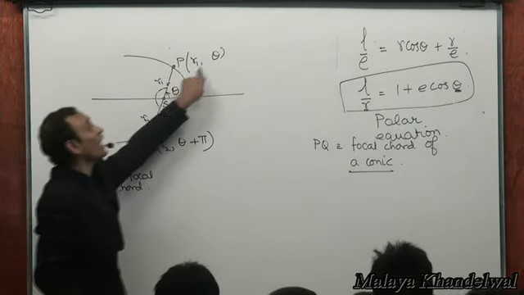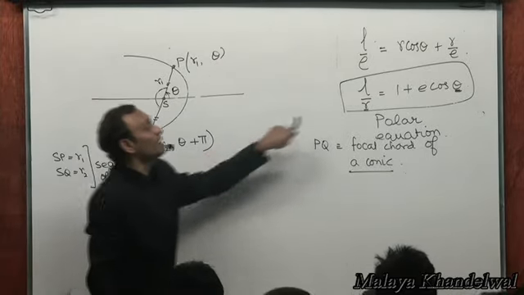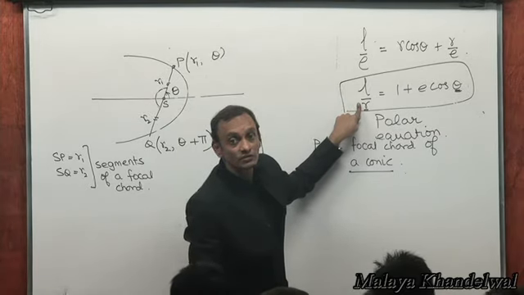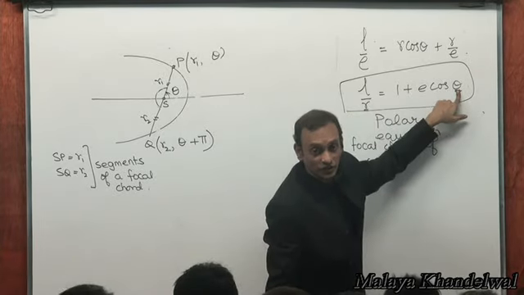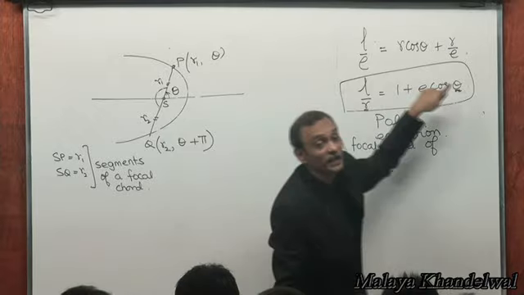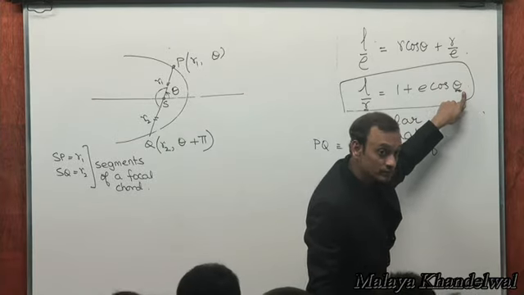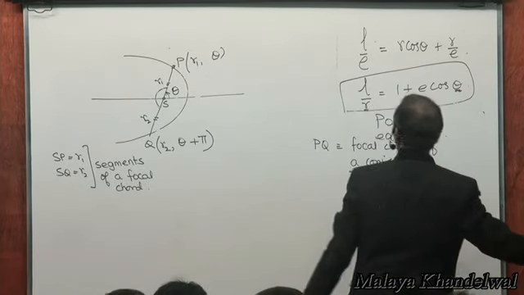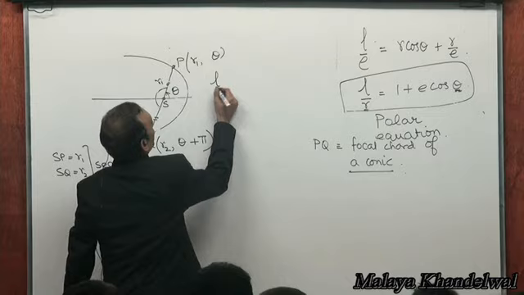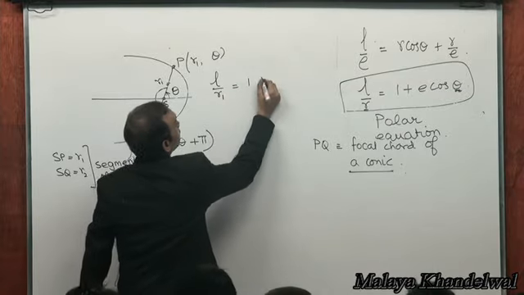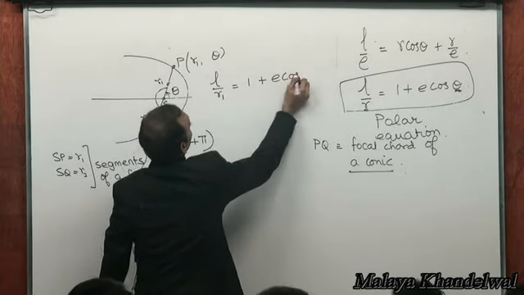Both (R1, theta) and (R2, theta plus pi) must satisfy this condition. I can plug in r equal to R1 and theta equal to theta, and r equal to R2 and theta equal to theta plus pi. So then I get L by R1 is 1 plus e cos theta.